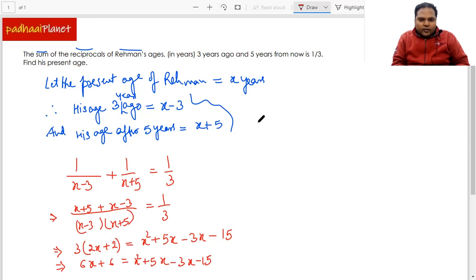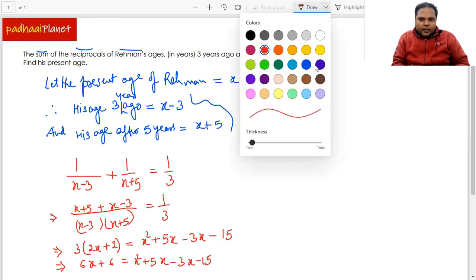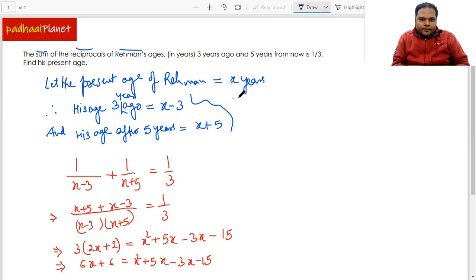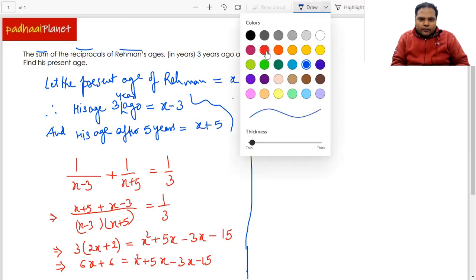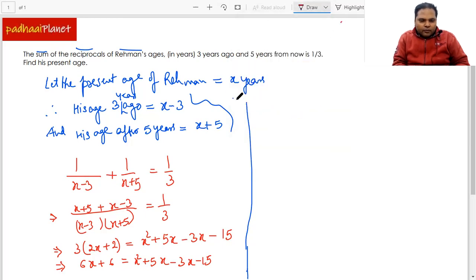Now let's further simplify it, right? To do that, we will take everything on one side, and then it becomes x square plus 5x minus 3x minus 15 and minus 6x minus 6 is equal to 0.